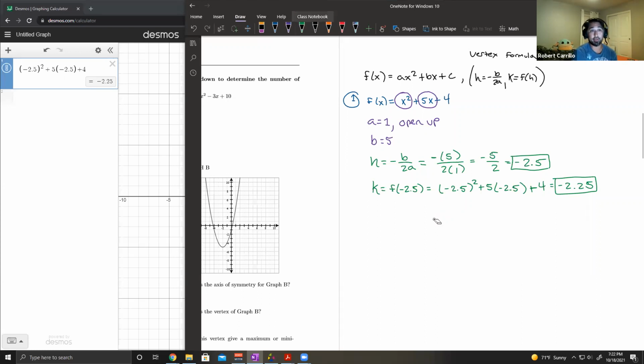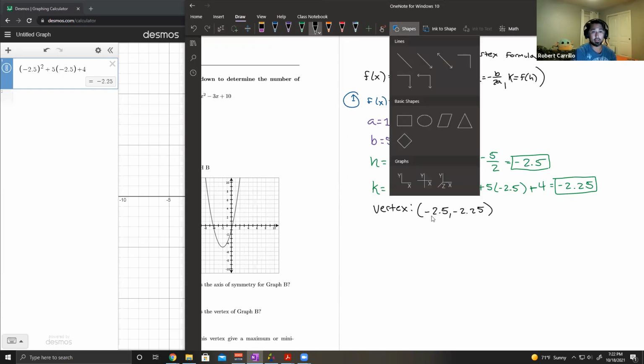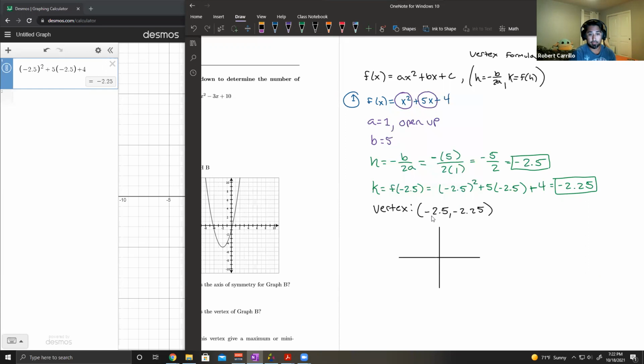So this means that our vertex on the graph is at negative 2.5, comma, negative 2.25. So this one said to sketch it. So let's just draw a little graph here. Doesn't have to be perfect. And we just have to plot the vertex and just go by how it opens.